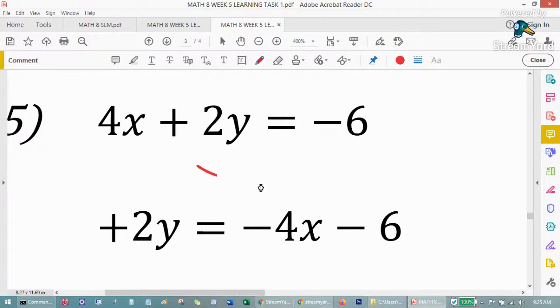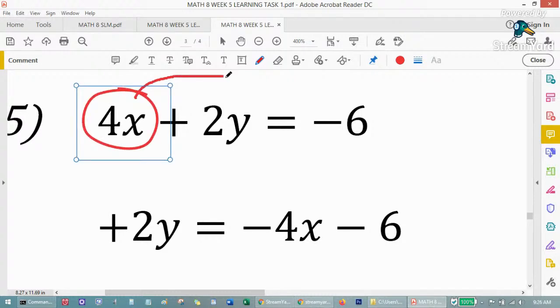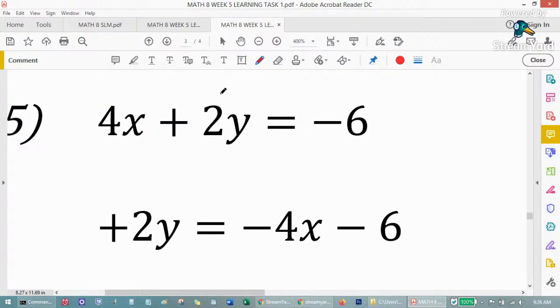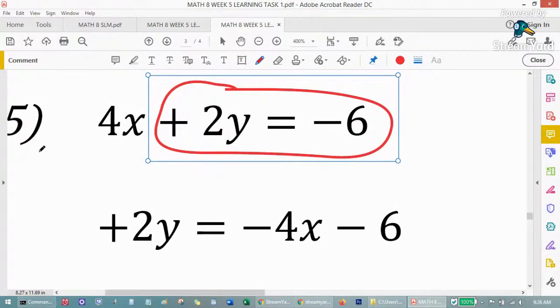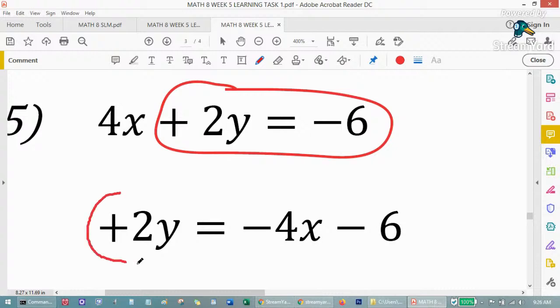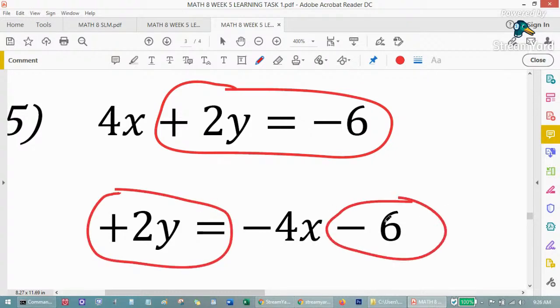No? So, meron ng sign ang 6, negative. Kailangan itong 4x na to, i-transpose natin dito sa lugar na to. Okay, so kukopyahin muna natin. 2y is equal to negative 6.